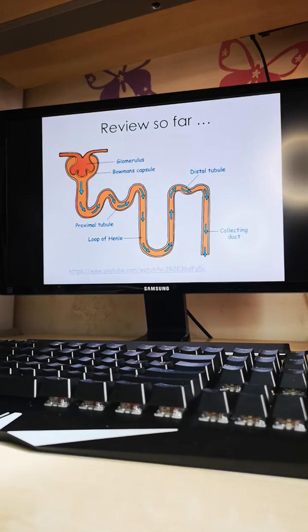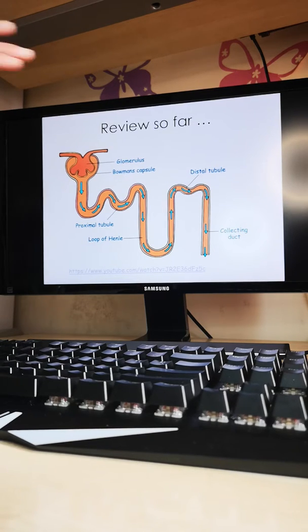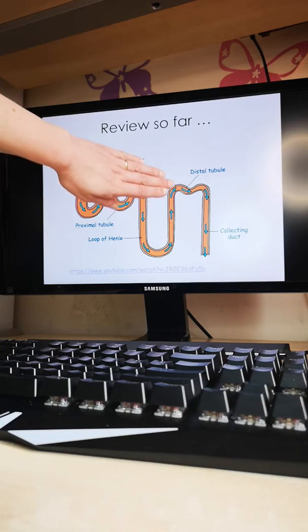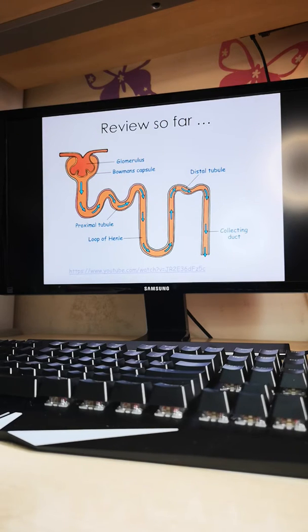So the proximal convoluted tubule is set up to reabsorb most of the important molecules that you would not want to lose in the urine, and they are absorbed back into the blood here. Okay, but there's still a lot of water and ions to be reabsorbed back. And that's what the next parts of the nephron are all about.